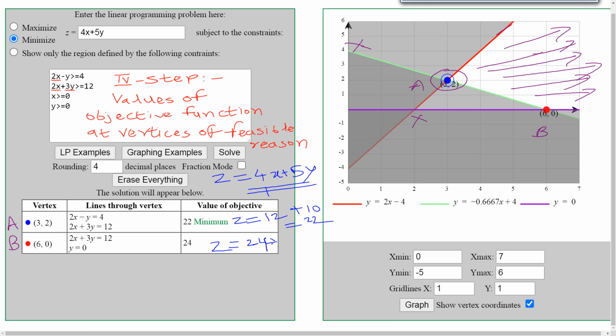Let me correct it here. 24 plus 0 comes as 24. So z is equal to 24 is the value.